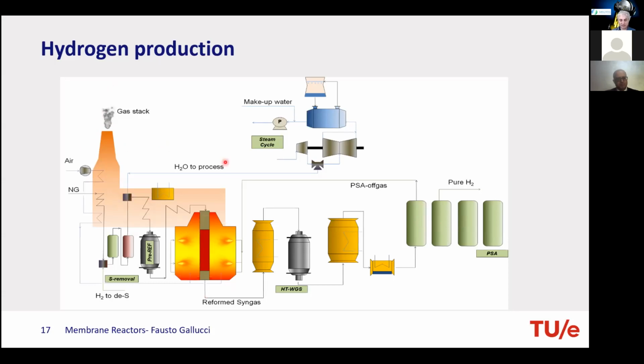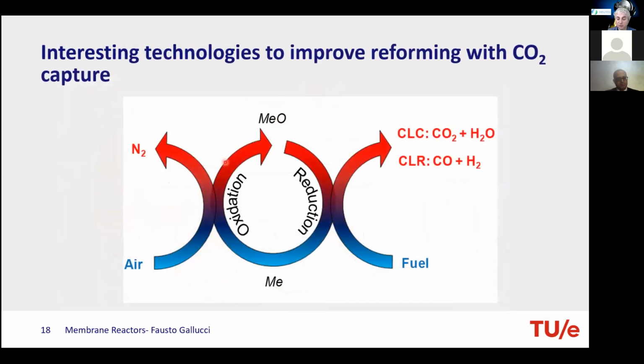And a very elegant way to do this is to use the chemical looping, which I mentioned before. There are different ways, but I like this one the most. The chemical looping is using a metal, which is reacting with air and is producing a metal oxide. But this reaction, as I told you, is always exothermic.